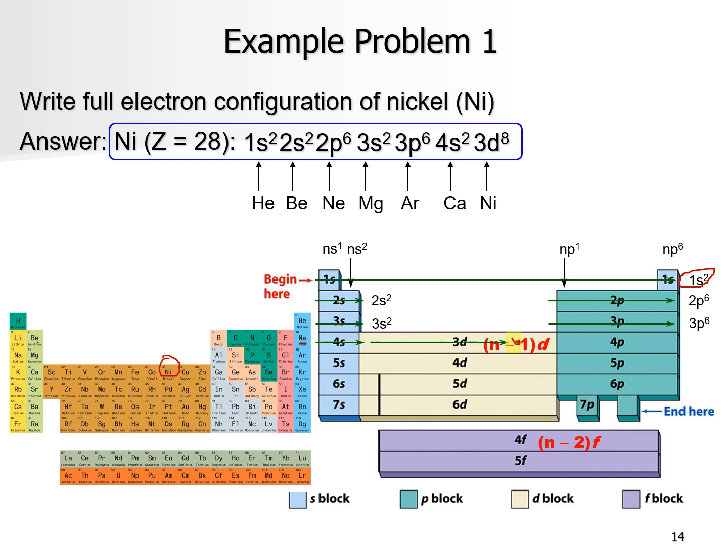So we just keep on going to hit the end of each block, and we write up the electron configuration at the end of each block, and then we can compile them all together so that we have the electron configuration of the element.